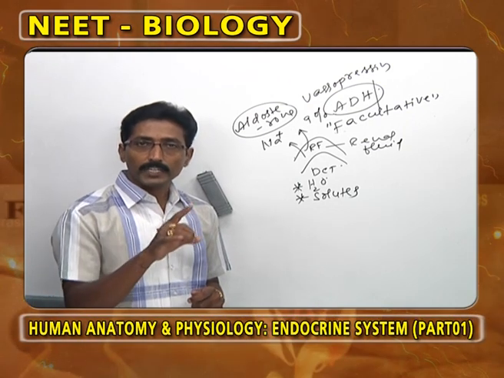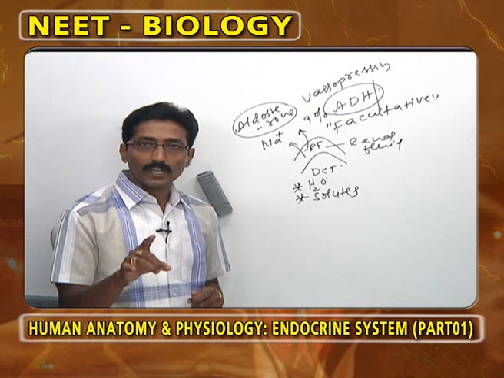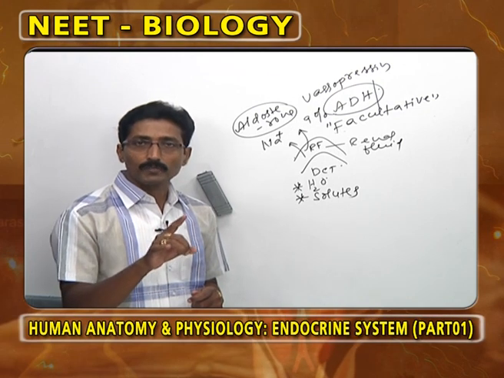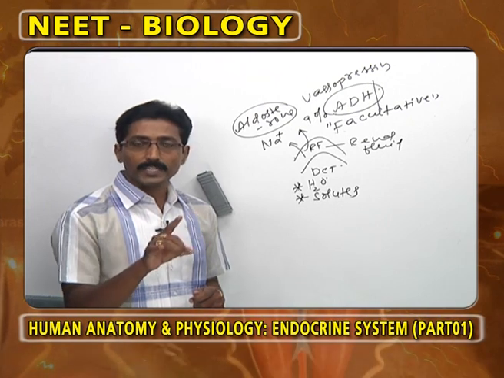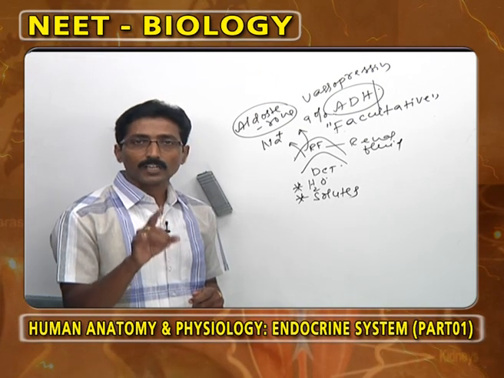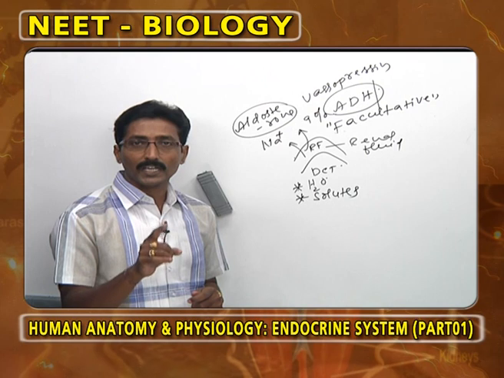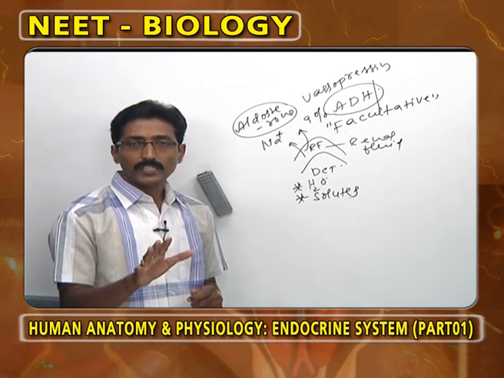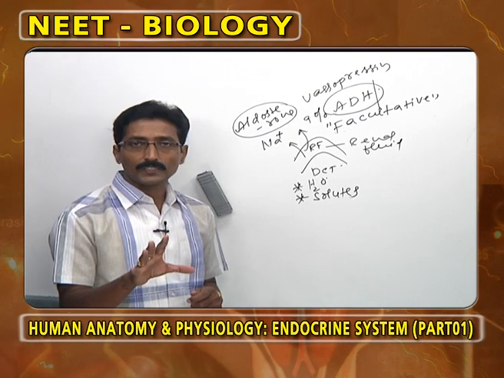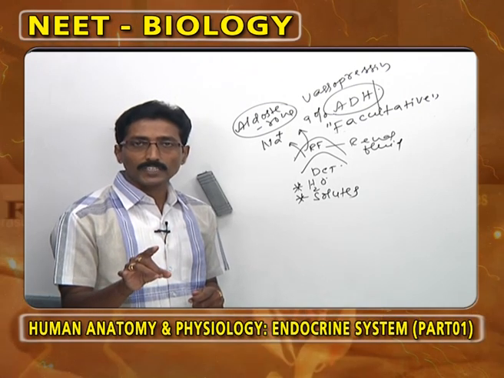So anywhere in the nephron, athreshold materials are not reabsorbed at all. What is the best example for athreshold? Creatinine, since it is not at all useful for the body, so it is not reabsorbed anywhere in the nephron.